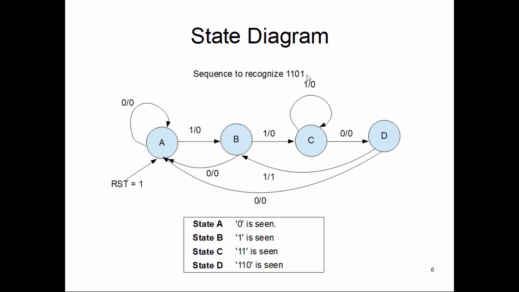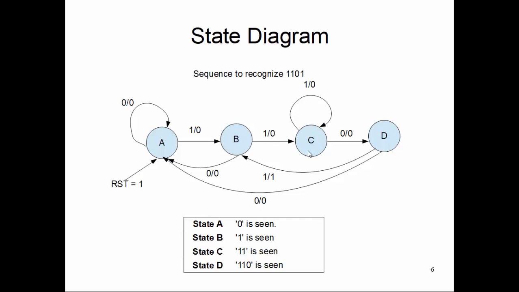Now from that, if another 0 comes in, that means it's not going to contribute to the 1101 pattern, right? So I go back to A. But from B, if I get another 1, I may probably see a 1101 pattern. So I switch to the state C, which tells that 1, 1 has been seen.